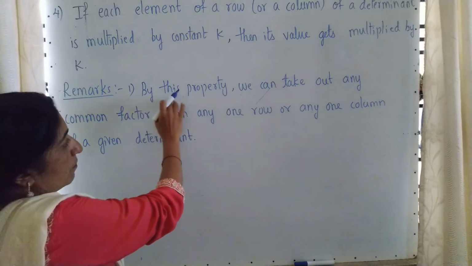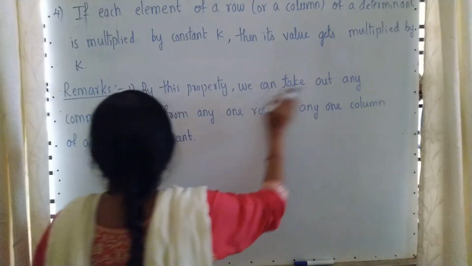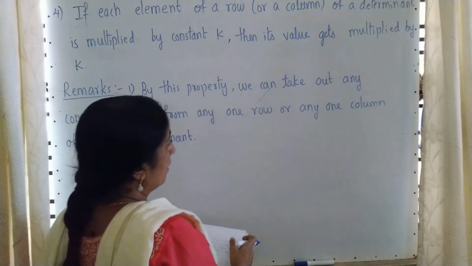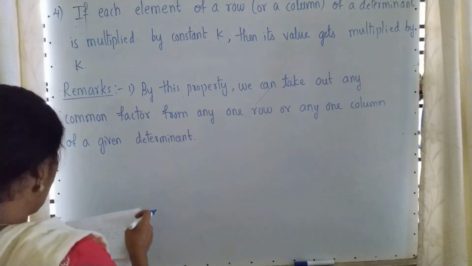First one, by this property we can take out any common factor from any one row or any one column of a given determinant.